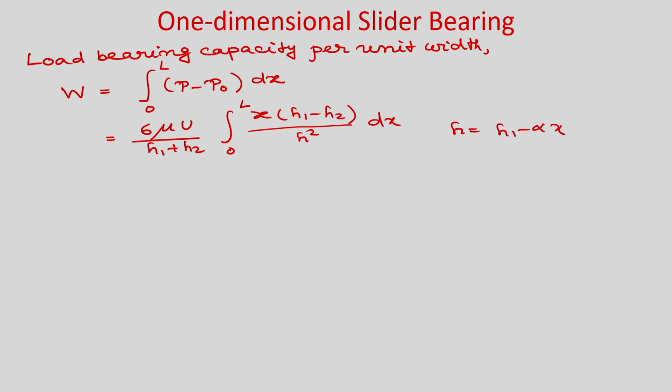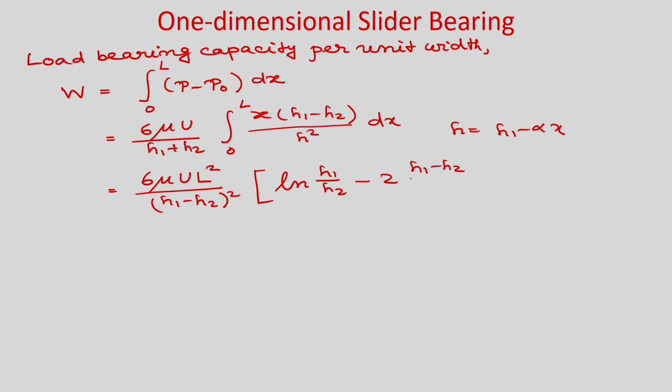Okay. So, you perform this integration, and finally you will get 6 mu u L square divided by h 1 minus h 2 whole square, into ln h 1 by h 2 minus 2 into h 1 minus h 2 divided by h 1 plus h 2. Okay.